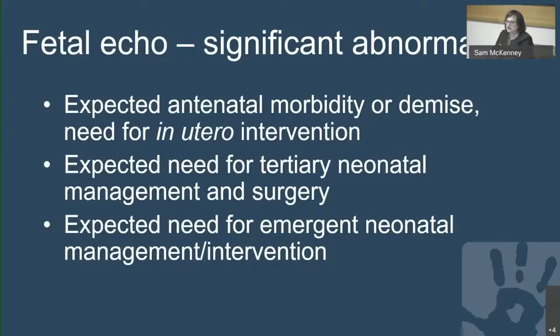Those where there's some type of expected prenatal morbidity or even demise, and therefore a need for in utero intervention. Those where there's an expected need for tertiary neonatal management and surgery. And then a subcategory of that is those in which there's an expected need for emergent neonatal management or intervention.